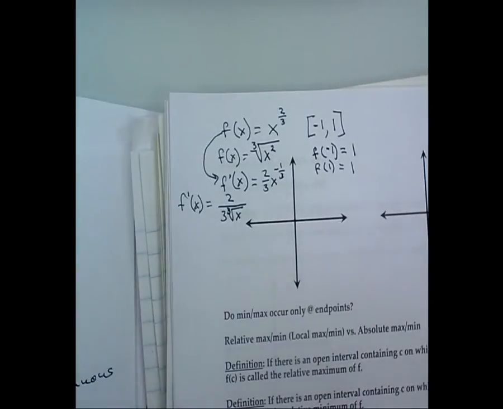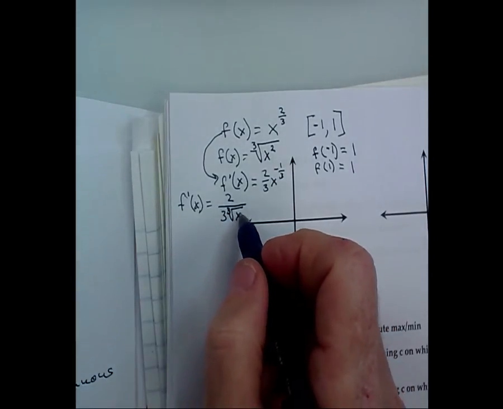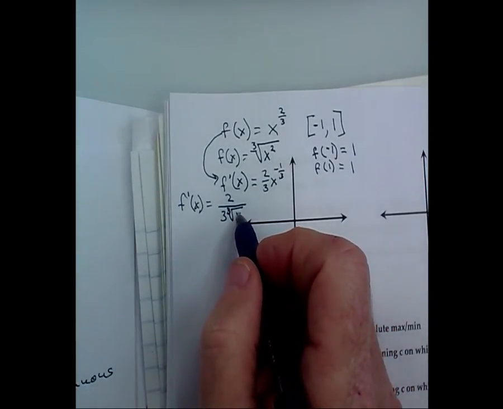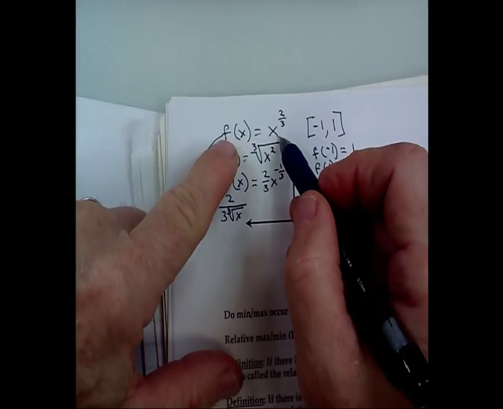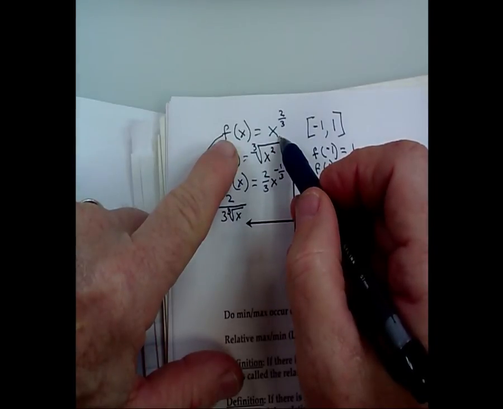Now, if I put 0 into here, this derivative is undefined, correct? Can I put 0 into the function? I can put 0 into the function.